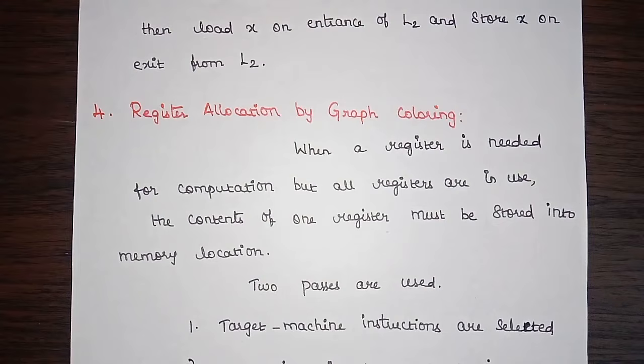We can free a register by storing the value of that register into a variable. This process is called spilling. Here we are using a graph coloring process, a simple and systematic technique for allocating registers and managing register spills.